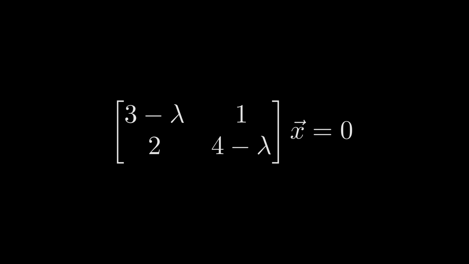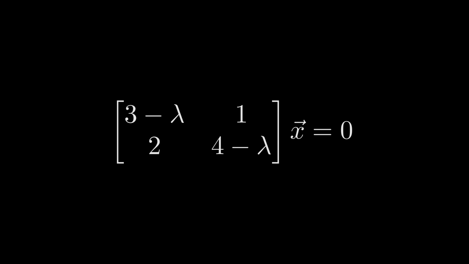Because remember that this 0 represents the zero matrix, and a matrix times a zero matrix is the zero matrix. But x is not 0. And the consequence of this is that this matrix cannot be invertible, because if it was, then we get this boring 0 answer. So we need to make sure that the matrix is not invertible.